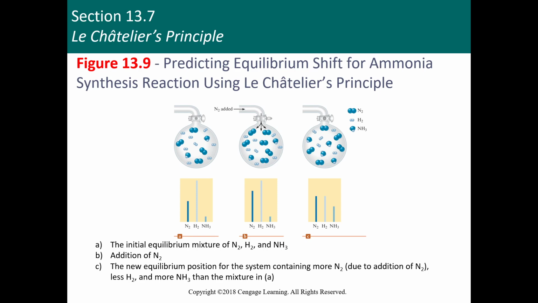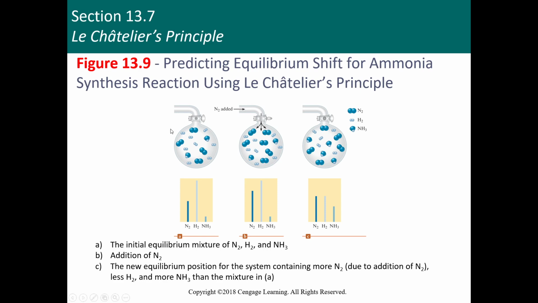This is a simple visual representation you can use to quickly identify Le Chatelier's principle. Le Chatelier's principle is actually quite easy to predict as long as you use these sort of visual representations. This diagram shows you that same information in a probably unnecessarily complicated way, but it is in your book.